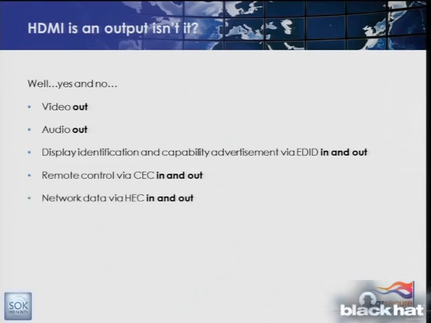HEC, another protocol we'll be talking about, which allows data in and out. And an encryption and authentication protocol or group of protocols, depending on whether you're talking about HDMI or DisplayPort, which are HDCP and DPCP, which again are input and output. So it's not quite as straightforward as it first seems.